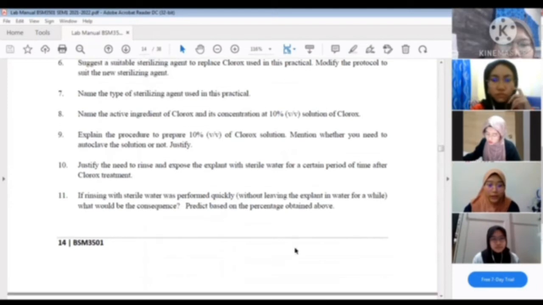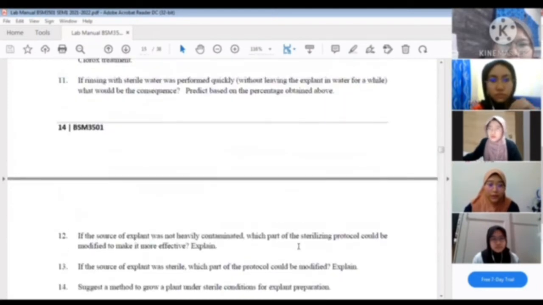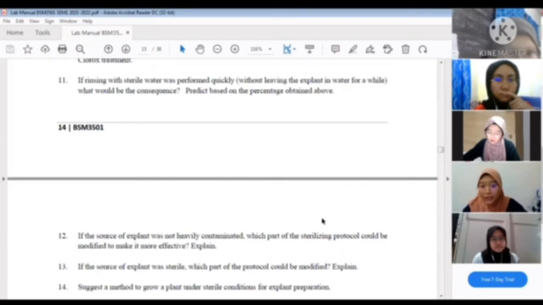I think if we rinse the plant with sterile water quickly, as Husna and Iman said earlier, it can damage the explant. Maybe the percentage of contaminated explant will increase. Okay, everyone agree with it? Is that right? Yes.